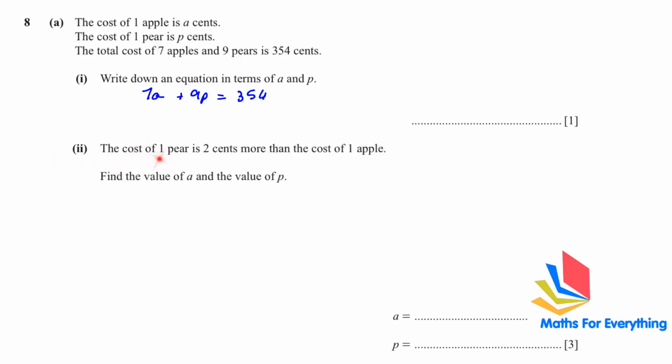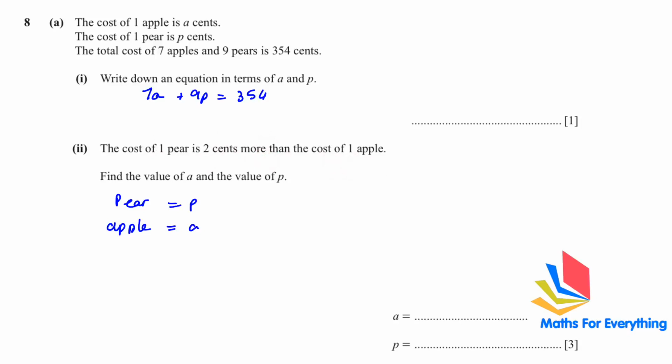Second, the cost of one pear is 2 cents more than the cost of one apple. Find the value of A and the value of P. So the cost of one pear, we were told in the previous question, is P, and the cost of one apple is A. In the second part of the question, we are told that one pear is 2 cents more than the cost of one apple.